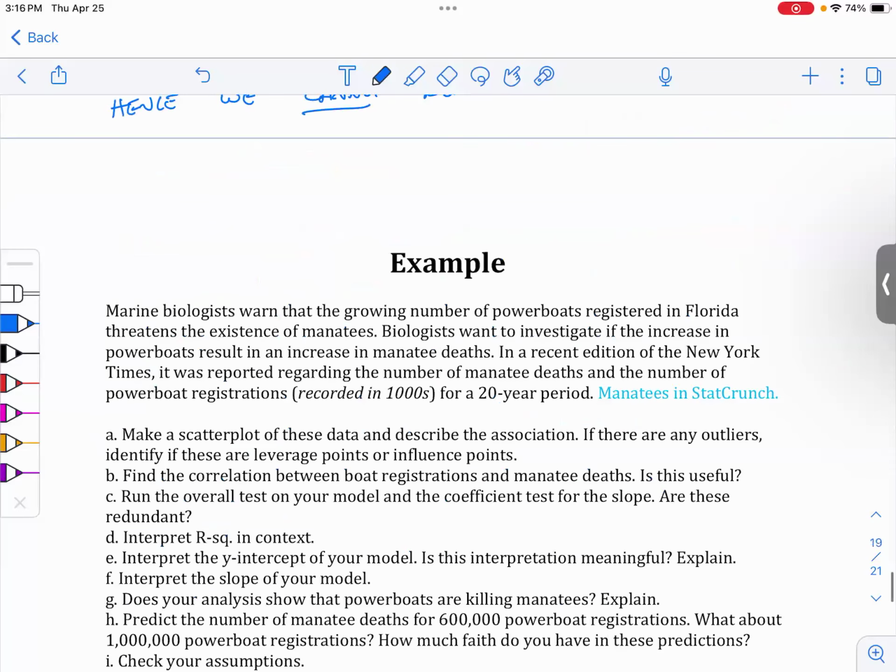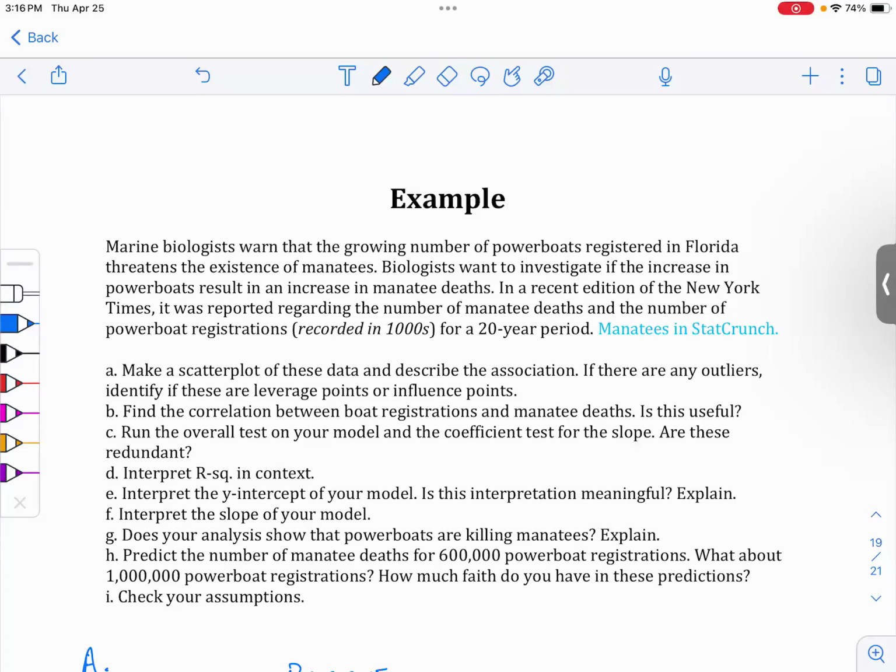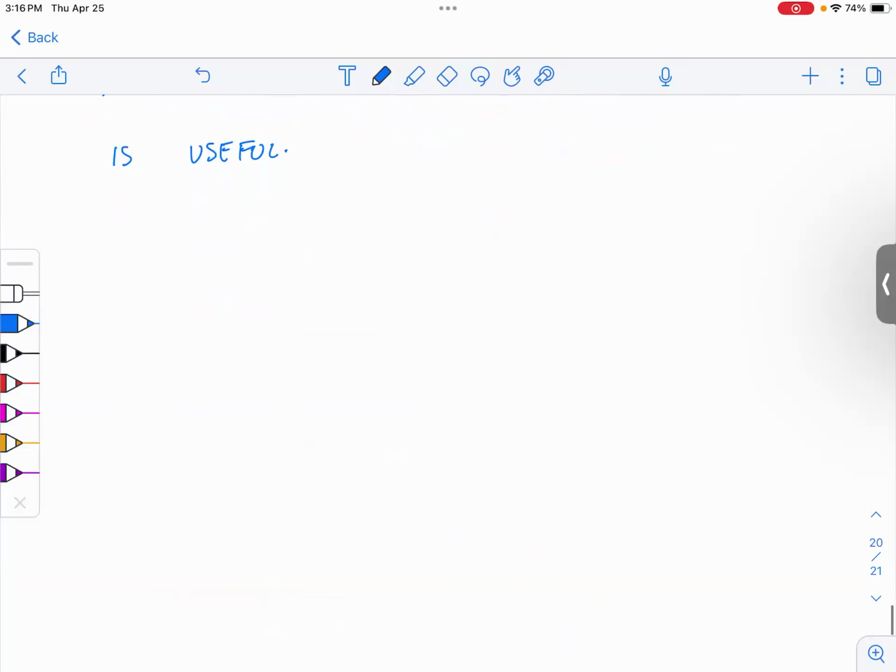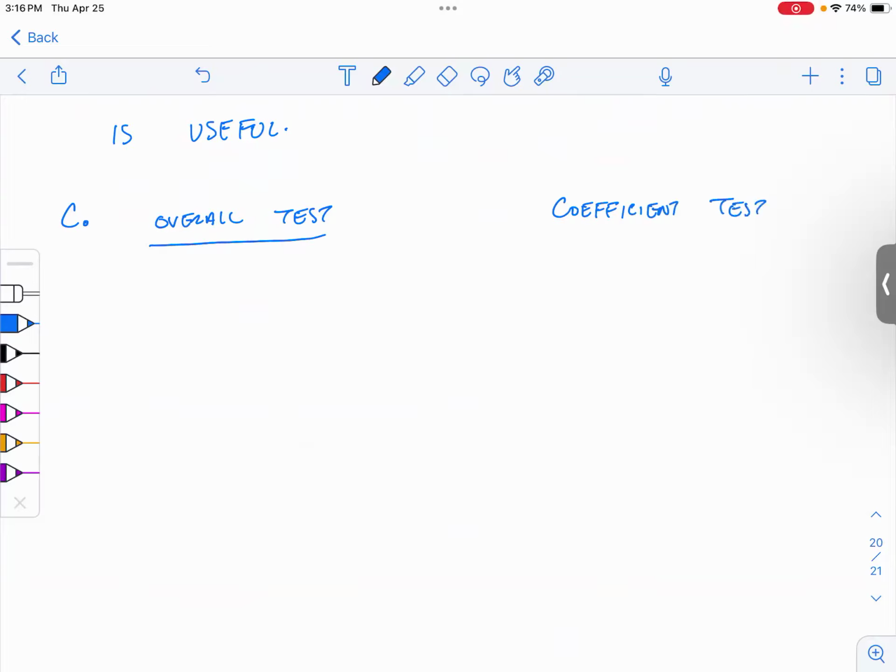Okay. Run the overall test on your model and the coefficient test for the slope. Are these redundant? So the best part about regression is the hypotheses are always the same.